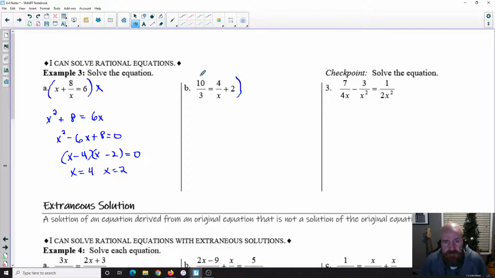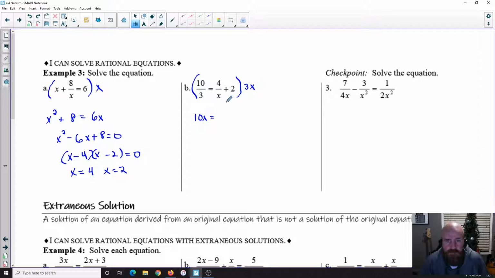So this next one, same thing. We're looking for the least common denominator. We have a 1 here, so that really doesn't matter. And then a 3 and an x. So the least common denominator is 3x. Multiply this fraction. Those 3's cancel. We're left with 10x equals. The x's would cancel in this one.